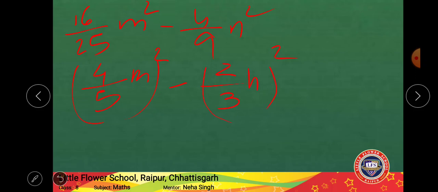Now again this has been converted to a square minus b square, right? So what can we do? This will be 4 by 5 or x square minus y square. So this will be 4 by 5 m minus 2 by 3 n and 4 by 5 m plus 2 by 3 n. Okay.